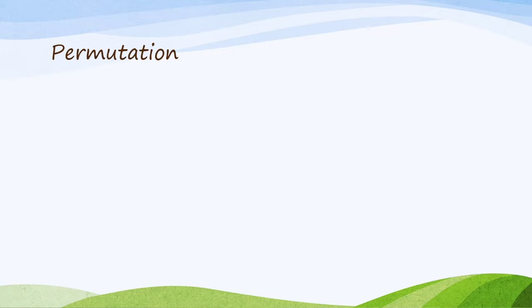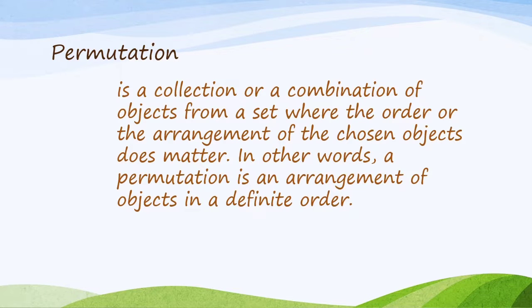Now let us move on to permutation. When we say permutation, that is a collection or a combination of objects from a set where the order or the arrangement of the chosen objects does matter. In other words, a permutation is an arrangement of objects in a definite order.